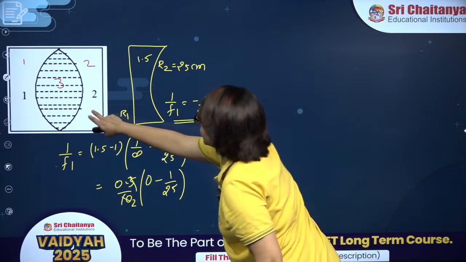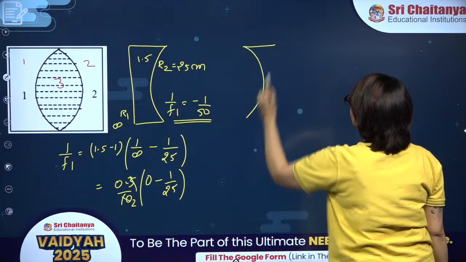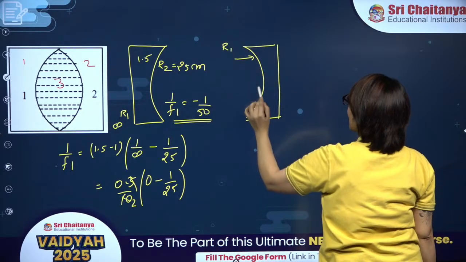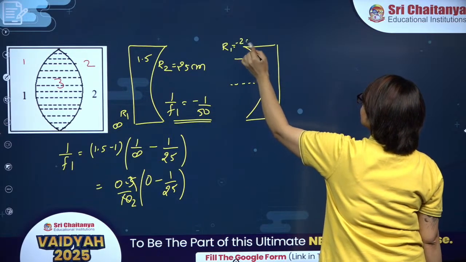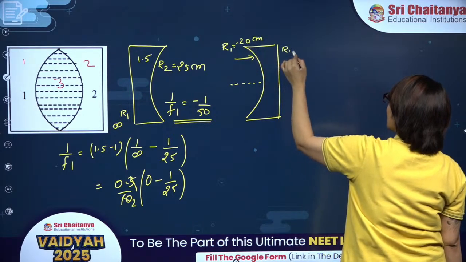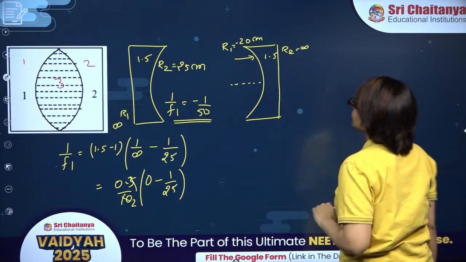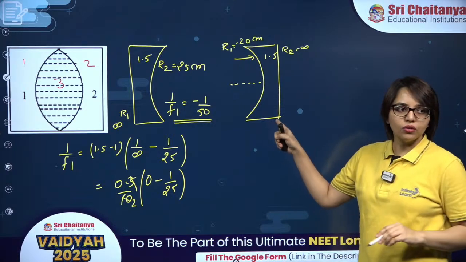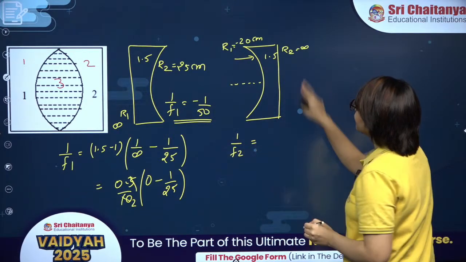Then let's go for the second one. In the second, this is the situation. Now this is R1, but R1 will be in the opposite direction of the incident ray, so it will be minus 20 centimeter. R2 is infinite, and refractive index of this is 1.5. So focal length of this one is f2. We can write 1 upon f2 as 1.5 minus 1.